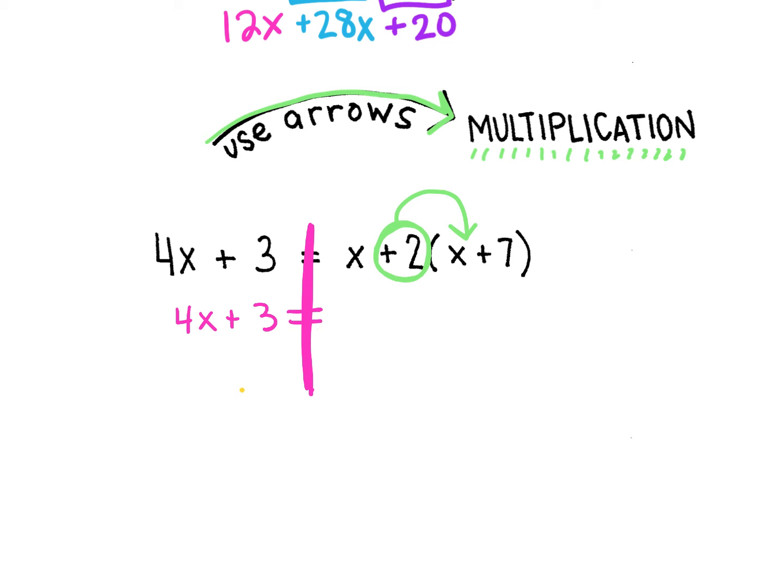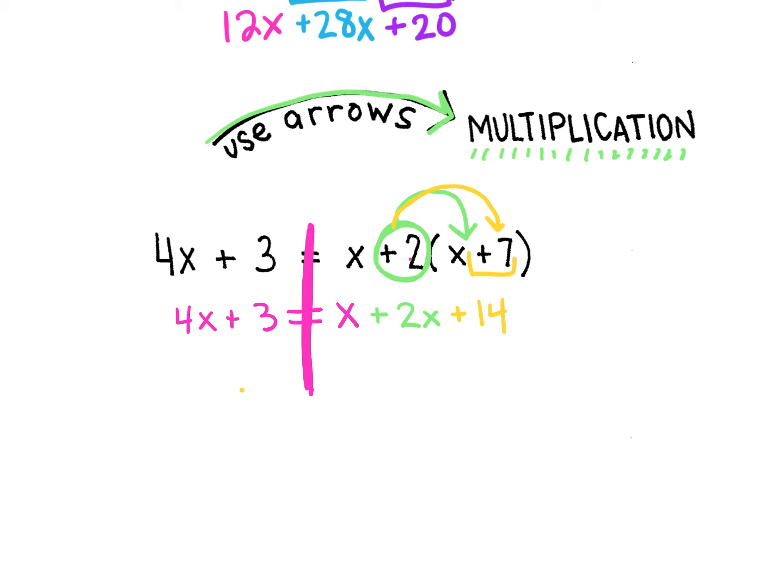We haven't done anything with that. We haven't done anything with the x. 2 times x. This is going to be where we have our plus 2x. Then we have our 2 to our positive 7, so this is going to be plus 14. We've gotten rid of the parentheses. Getting rid of the parentheses is the very first thing you're going to do every time you see an equation.